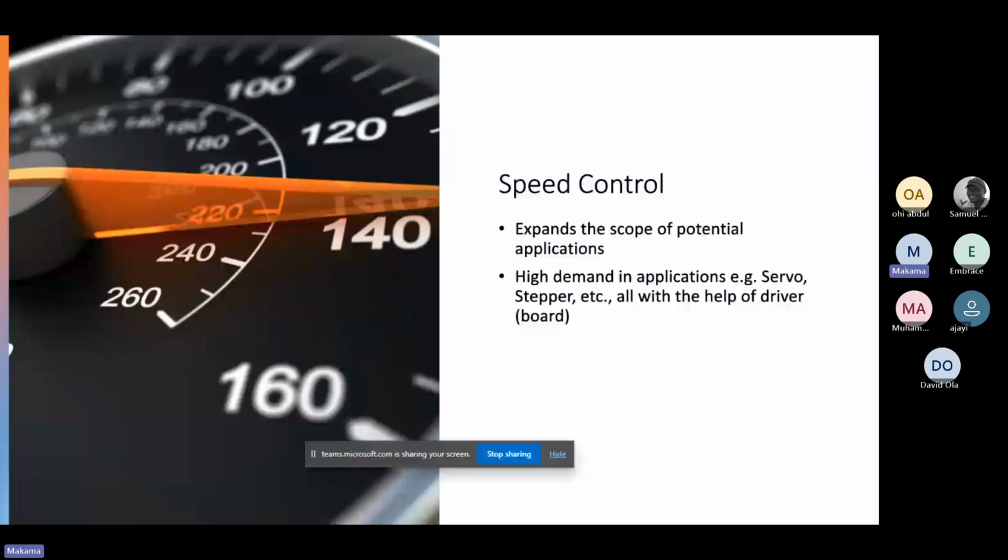So control is very important, not to mention in a motor. When we say speed control, once you have control over the speed of your motor, you can change its application. You see, the first content I wrote there was: expand the scope of potential application.